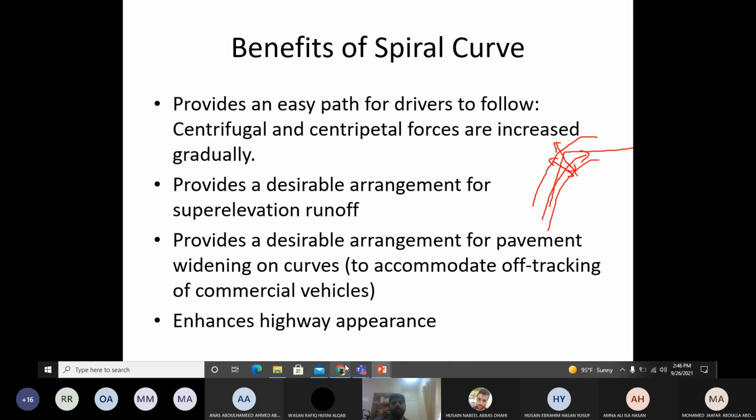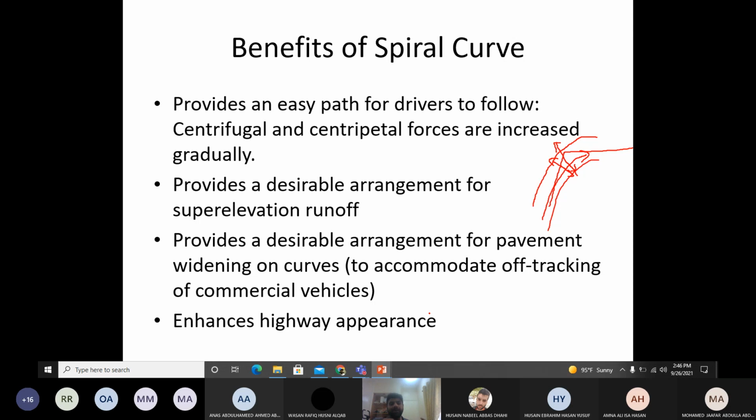Okay, so a spiral curve, since changes happen on the spiral curve gradually, changes in cross slope, changes in width of the road, it looks smooth for the driver as well. The road is changing the alignment gradually, so it looks less confusing for the driver, less dangerous for the driver, and it appears better.